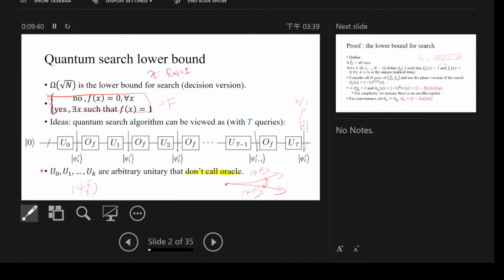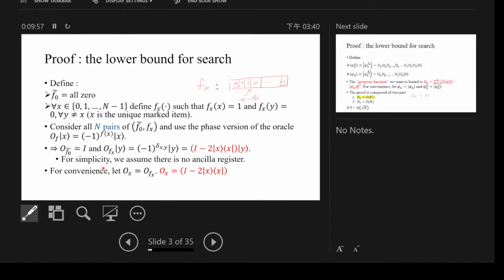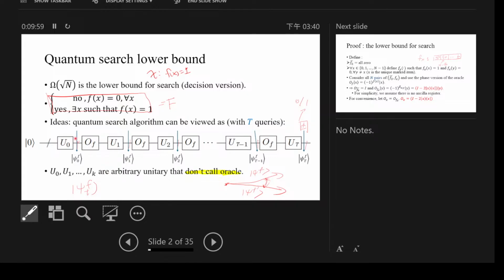This f will change when you put in a different oracle. This f is small f, and remember the small f is basically the content of your oracle. Now we need to choose some small f that's easier for us.